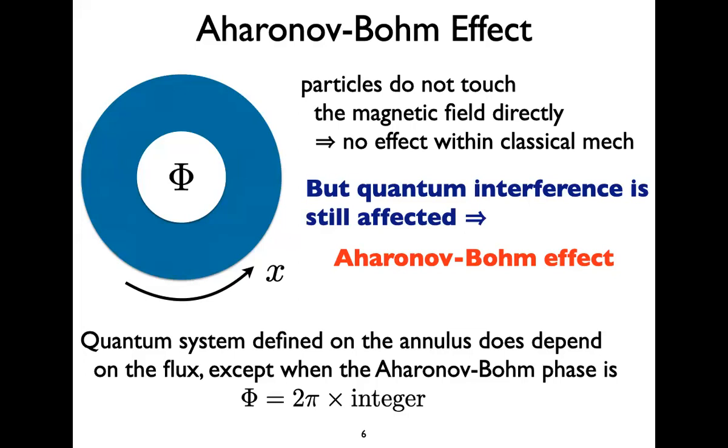This is called the Aharonov-Bohm effect. The phase difference is given by this flux. So if this flux is 2 pi or an integral multiple of 2 pi, then the phase difference is 2 pi or 4 pi, and you cannot distinguish a phase difference of 2 pi from a phase difference of 0. That means the Aharonov-Bohm effect is absent when this flux is 2 pi or its integral multiple.